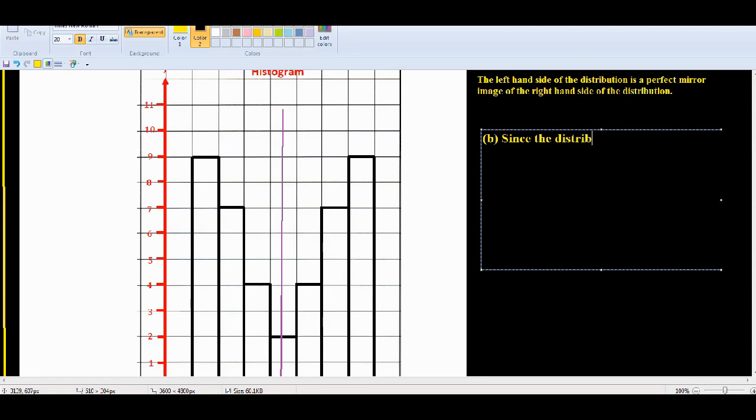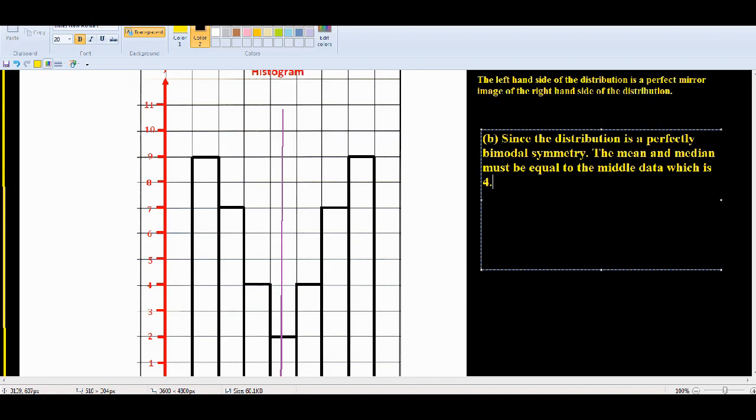Since the distribution is perfectly bimodal, the mean and median must be equal to the middle data, which is 4.